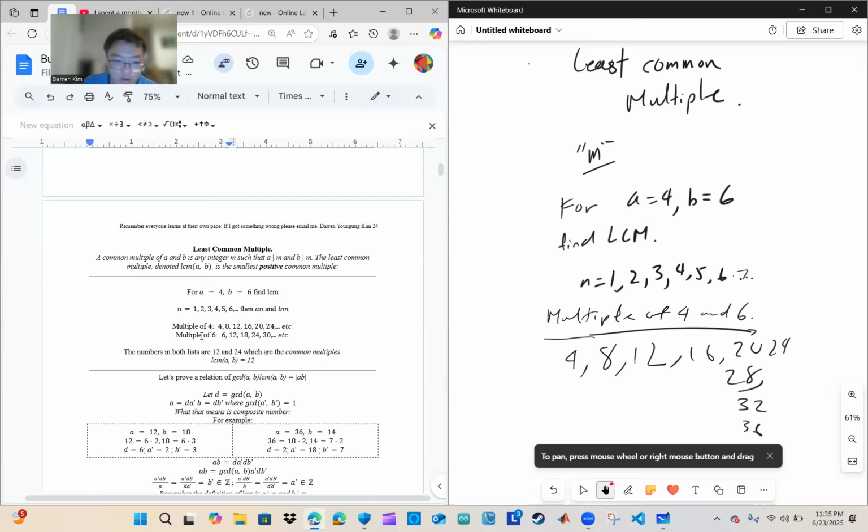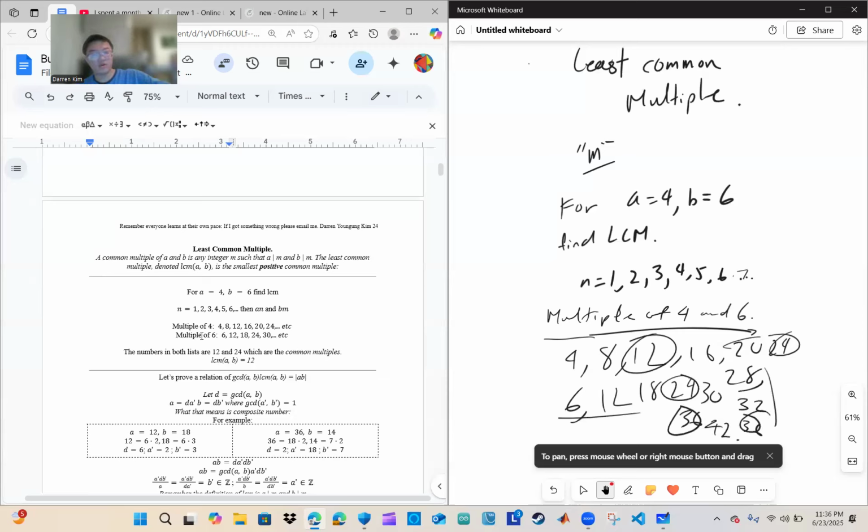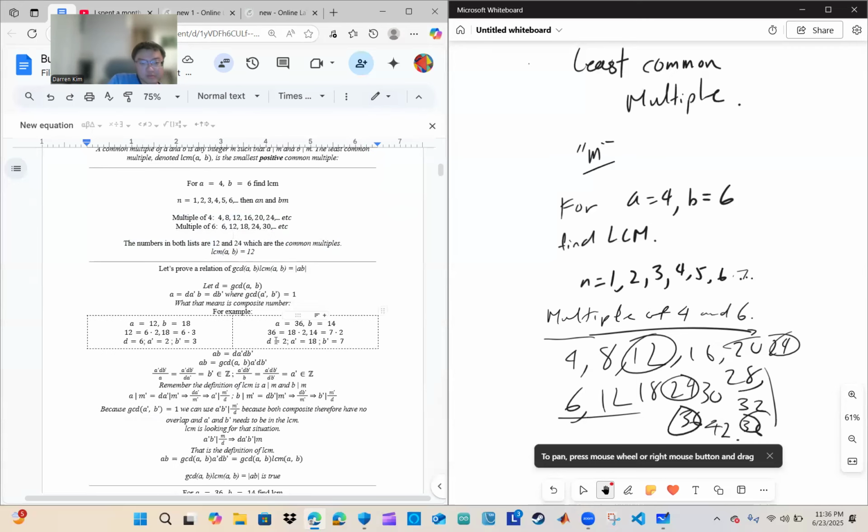You probably find a lot more. Then you go with the multiples of 6: 6, 12, 18, 24, 30, 36, 42, and so forth. You get the point. And then you match them and see the commonalities. Here I stuck to only two of them because I knew LCM means the least, so it's 12, but you could have gone further, finding the common multiples.